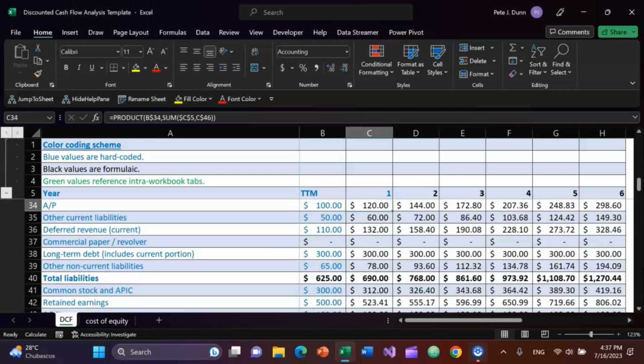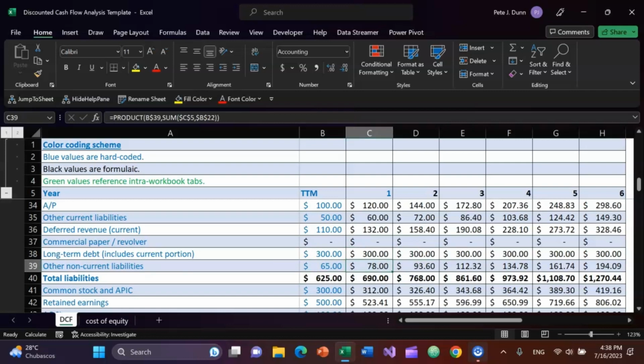Accounts payable, that's grown with the realized cost of goods sold growth rate that I showed you earlier in row 46. Other current liabilities is grown with sales. Deferred revenue grown with sales. Commercial paper and revolver references a revolving line of credit schedule that I will show later on. Long-term debt is straight lined based on the trailing 12-month number.